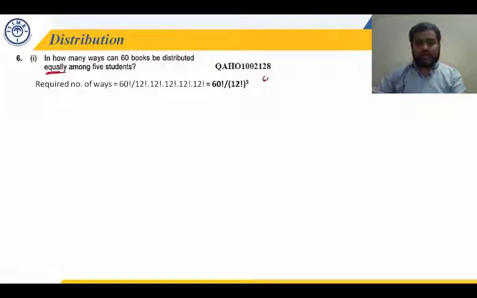Or you can do it this way, 60 factorial. So first we form the parcels by 12 factorial into 12 factorial into 12 factorial into 12 factorial into 12 factorial. So 5 times. But now we are only forming the parcels right now. So divide by 5 factorial also, because these are 5 lots, these are identical.